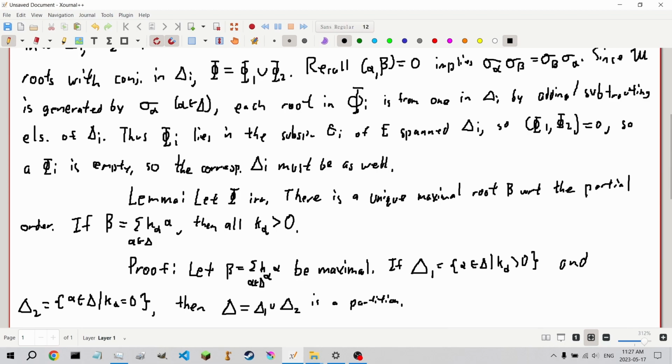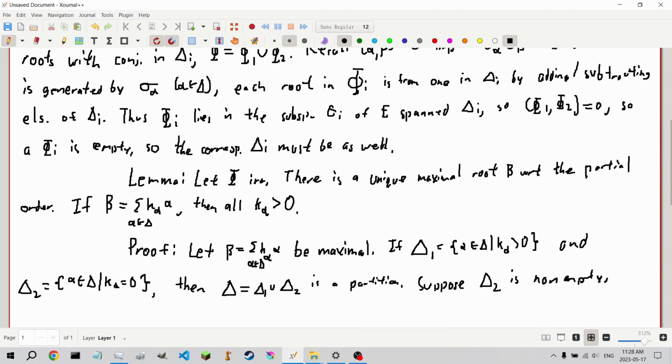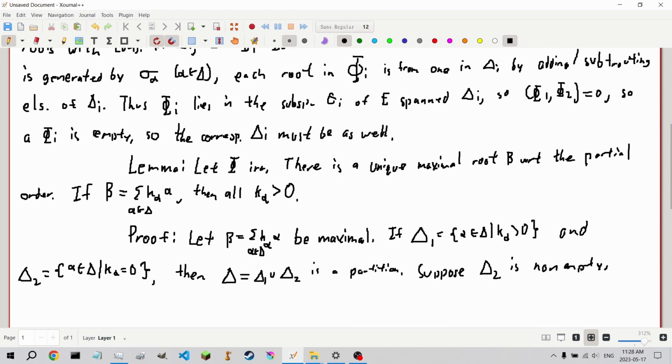But we know that delta is irreducible. Suppose that delta 2 is non-empty. Then the bracket of any root alpha with beta must be non-positive for any alpha in delta 2.